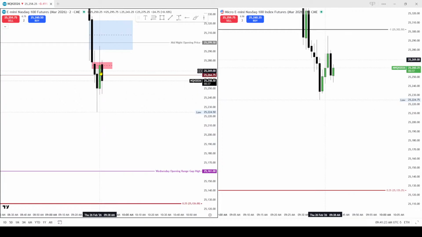I'm just watching the 2-minute here, this up close candle, seeing if it acts as an order block to send price lower.